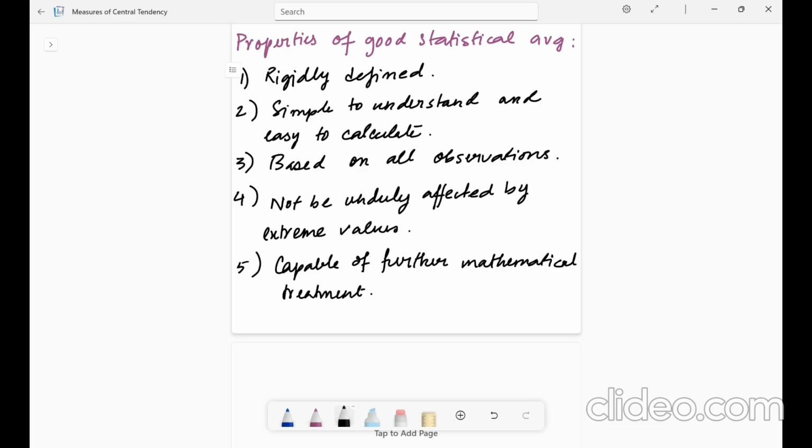Okay, so let me highlight the important terms. First is rigidly defined, then it should be simple to understand and easy to calculate, based on all observations, not be unduly affected by the extreme values, capable of further mathematical treatment.